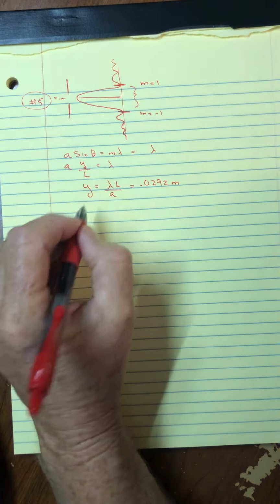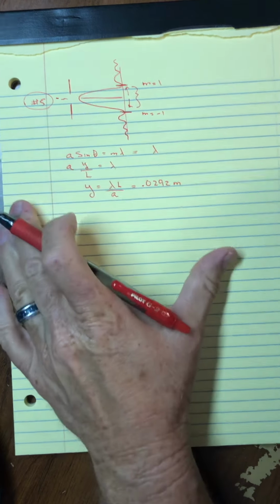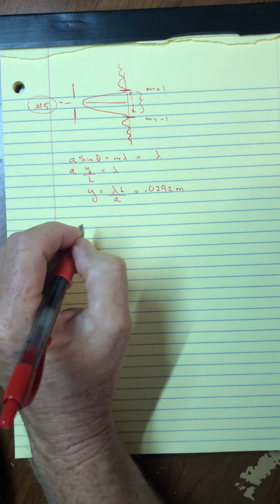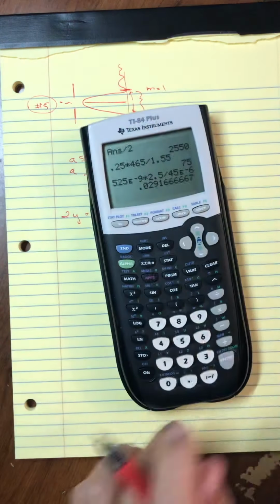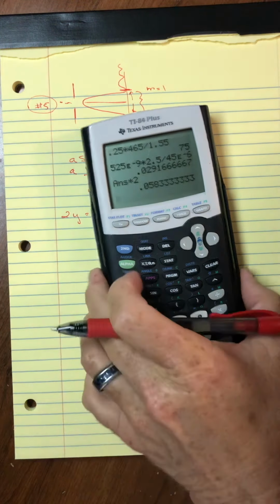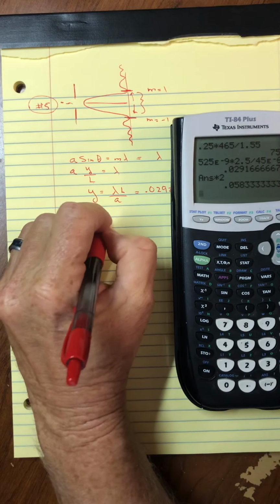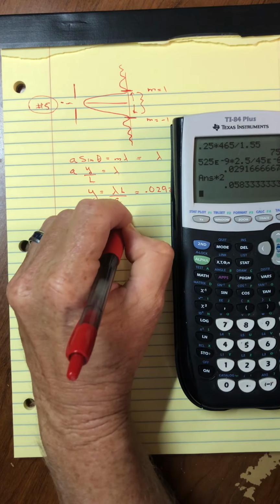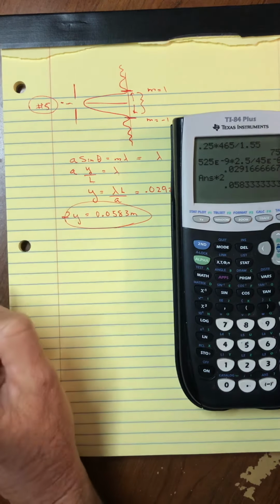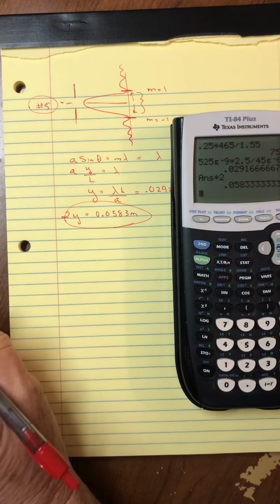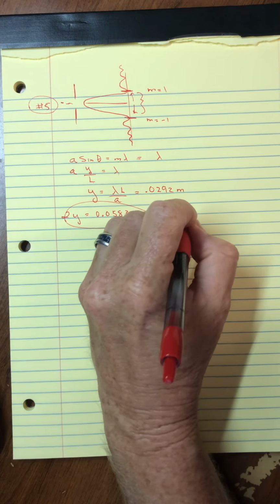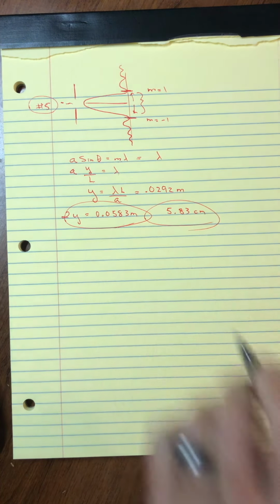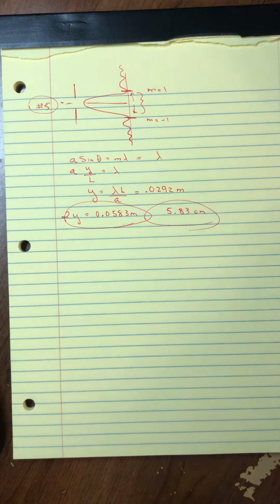Now it says the size of it, so it would be up and down the same distance. So let me double that to answer the question. So times 2 means I'm at 0.0583 meters for the size, or if you want it in centimeters, 5.83 centimeters for the size on the screen here.